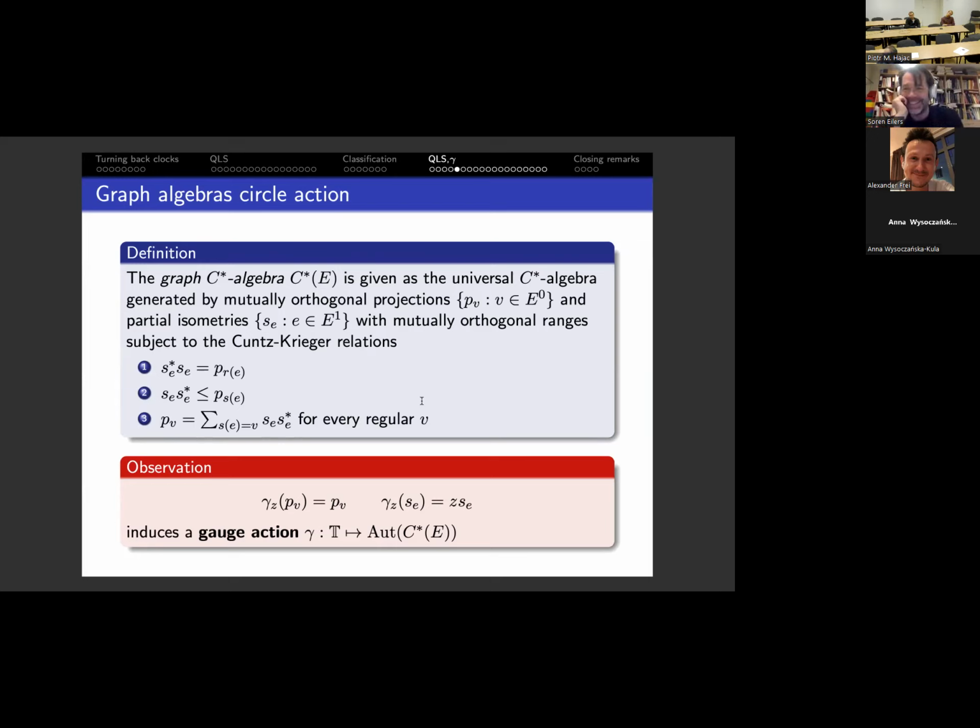For the Toeplitz algebra, you would have one vertex and a loop, and that would give you what the fixed point algebra should look like. But we know what it is, that's something easy. If you take this graph, the Toeplitz graph, that's my E, I take its graph C-star algebra.